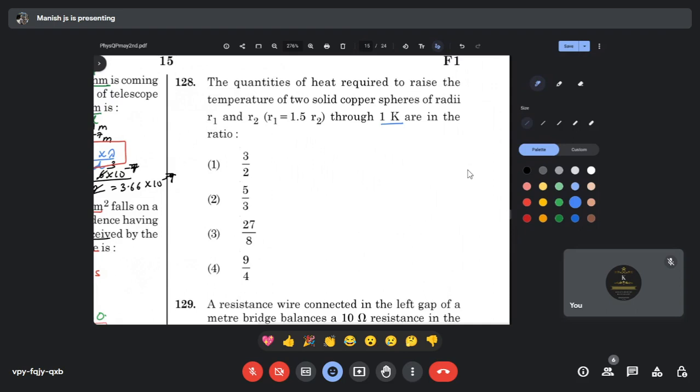Okay. So you can see that the quantity required to raise the temperature of solid copper by 1 Kelvin is nothing but the specific heat capacity that they are referring to. So you make use of that relationship.